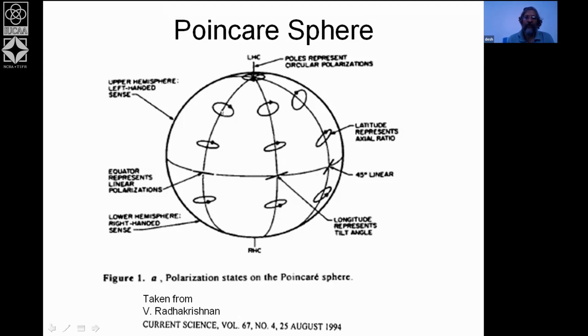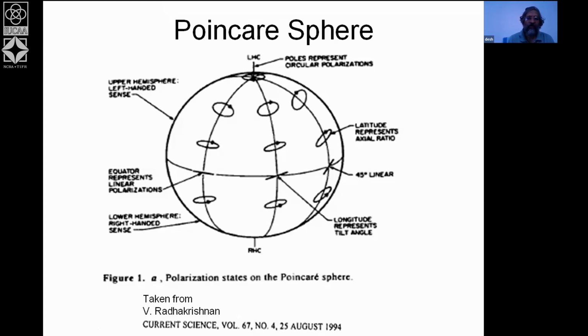Latitude is, of course, a measure of the amount of circular polarization, and you will find the eccentricity reduces as you go to the poles, becoming pure circular at the two ends, with the two hemispheres representing the two hands of circular polarization. So we can see that any elliptical polarization can be represented as a combination of linear and circular polarization.